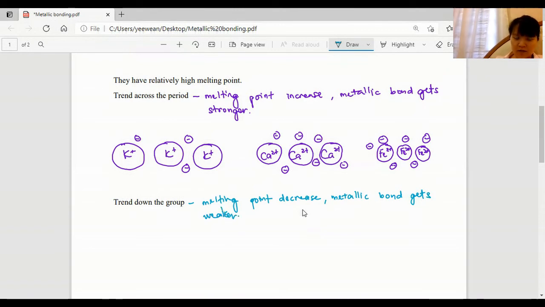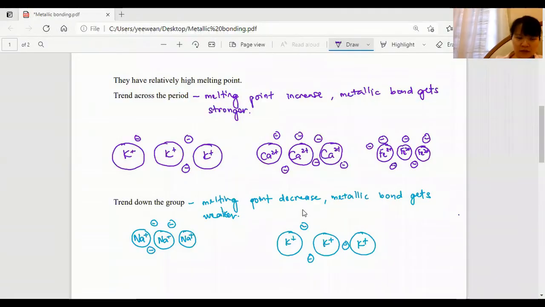The reason why the metallic bond gets weaker down the group is because the size of the ions increases down the group. So for example, if you have sodium compared to potassium, as we can see here, this is closer to each other, so the attraction is stronger. This is further from each other, so the attraction is not as strong as when the ions are smaller.